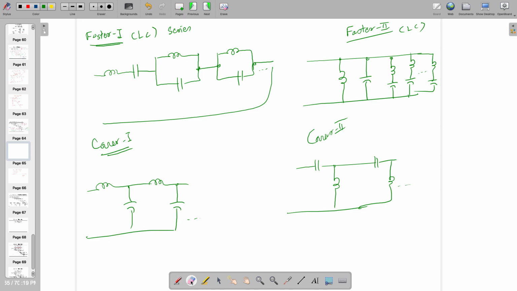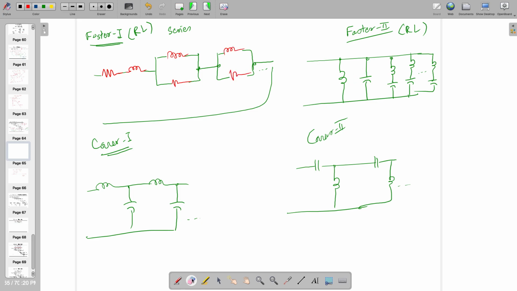Now let's assume that this circuit is not LC, but I am telling you that this circuit is RL. So what difference am I going to see? In Foster 1 you may have a resistance or inductor, and it's a parallel combination of inductor and resistance, inductor and resistance.